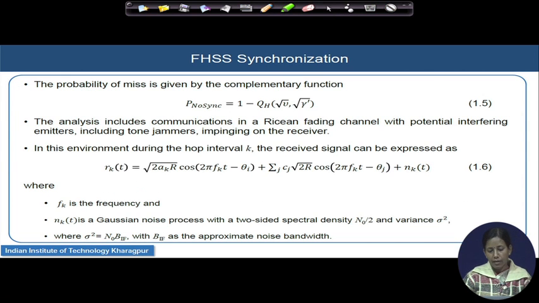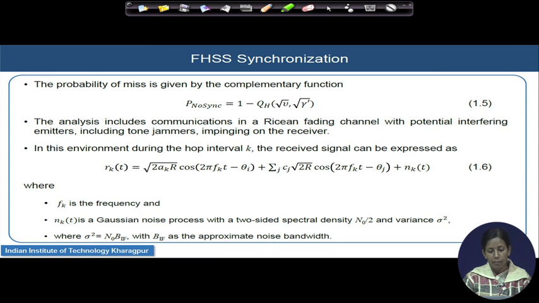That was the understanding about the detection probability. We also saw that the probability of miss will be given by 1 minus the detection probability, and this analysis included a Rician fading channel, where the interferers and jammers are present, and all other receiver side imperfections are also present.